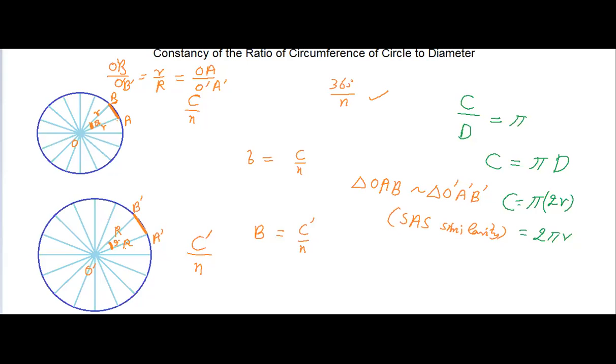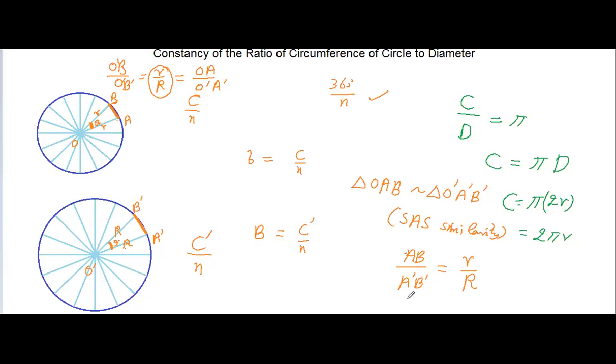Is it clear? Then what will happen? The third side will also have the same ratio. AB divided by A dash B dash will also be equal to this ratio. The third sides will also have the same ratio.